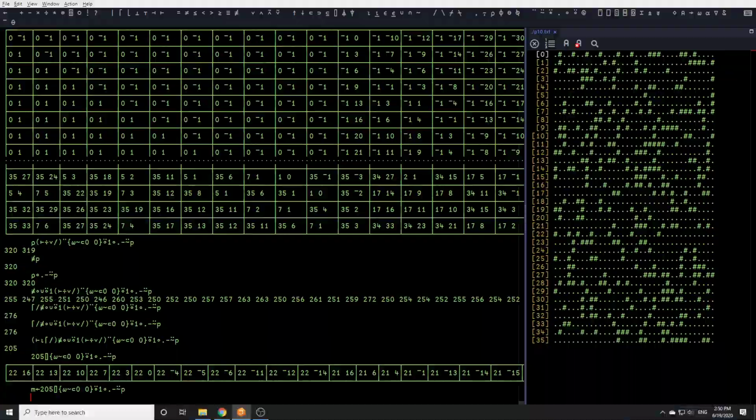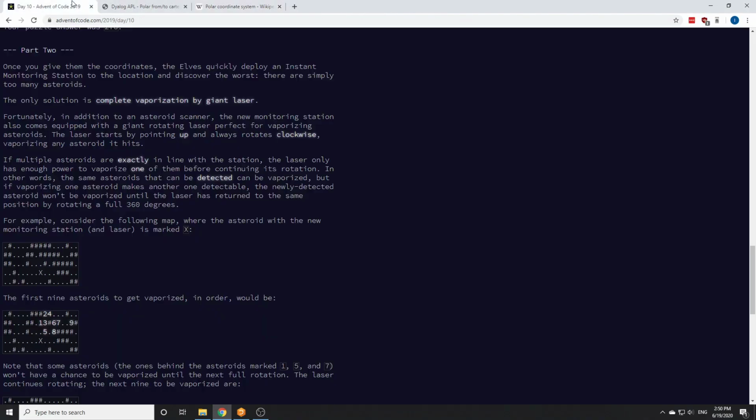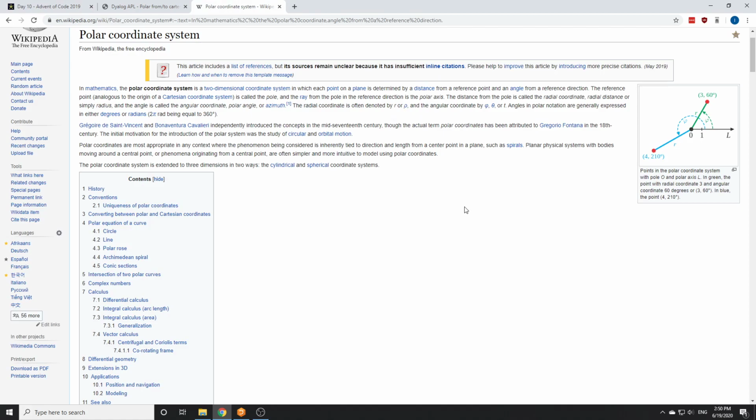We have a problem though, which is that here the laser starts by pointing up and always rotates clockwise. Whereas in the polar coordinate system, you can imagine that we're pointing a laser to the right and moving counterclockwise.